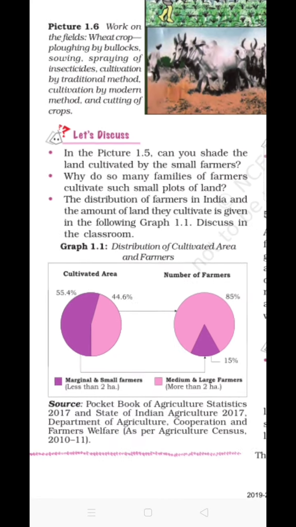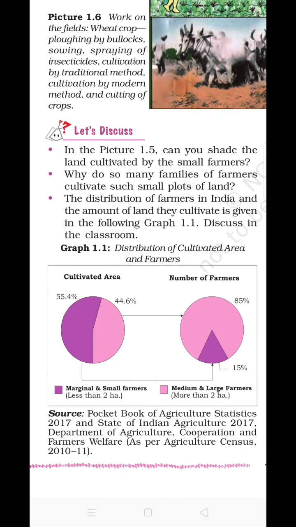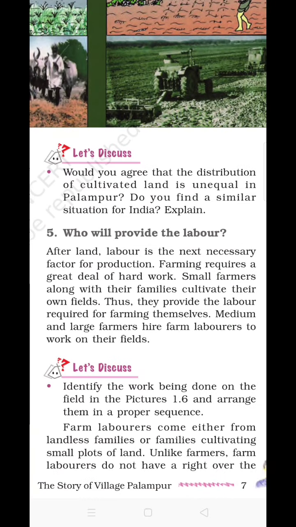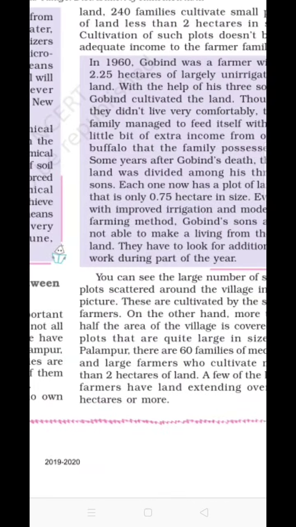This is the map given there, showing the distribution of cultivated areas and farmers. Here we are saying that the cultivated area is just 44.6% and the number of farmers is 85%. The farmers are actually 85% and they have only 44.6% of the area to cultivate. So hope you got this.